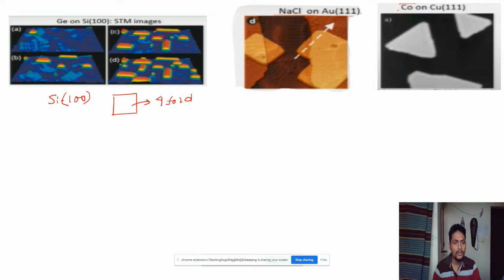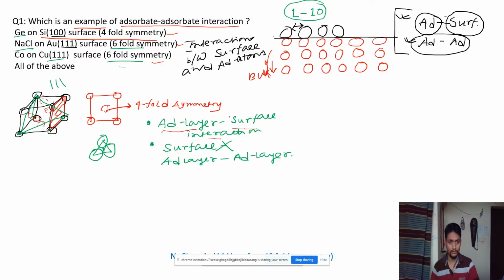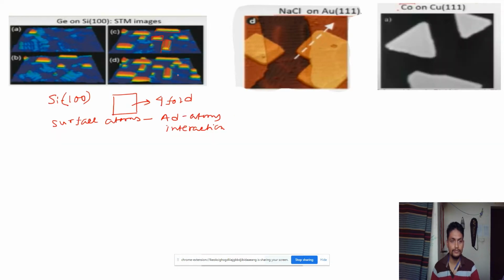So the symmetry of the surface is somehow followed here. That means it is mainly surface atom and adatom interaction, but our question is asking about adsorbate interaction.